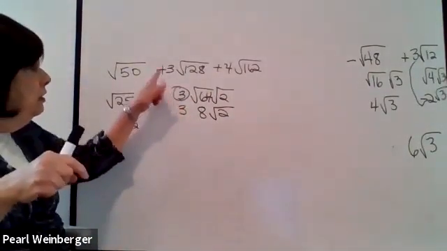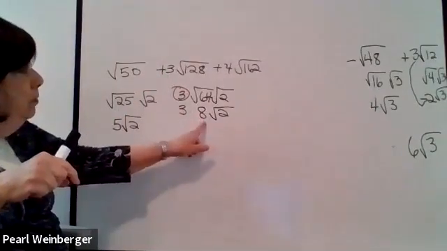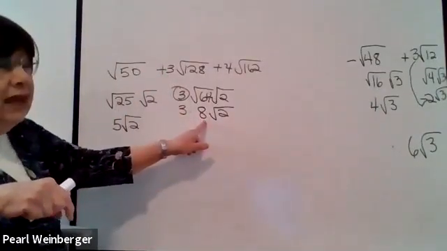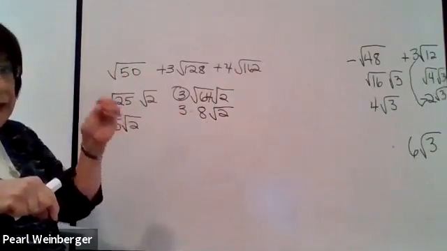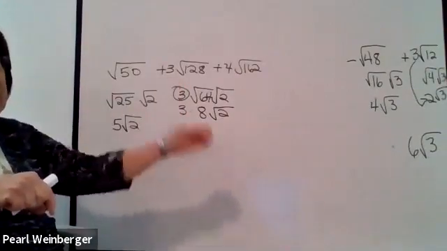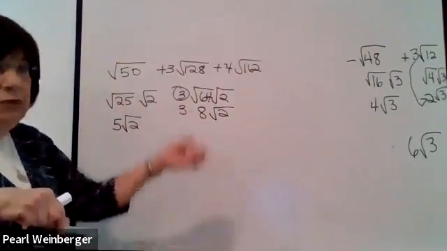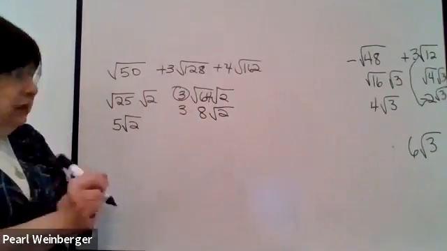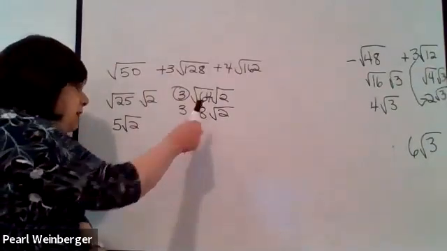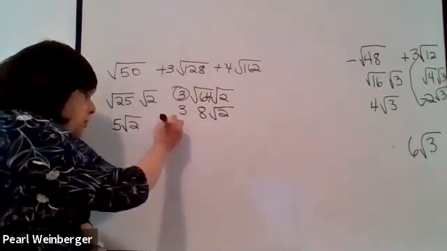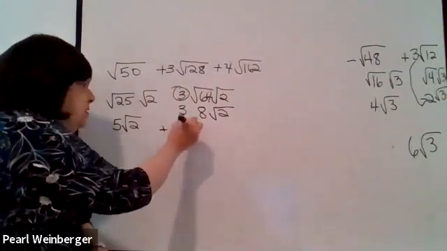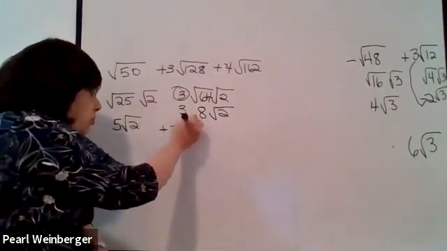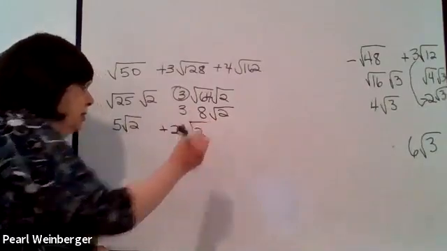Since the 3 is outside, I can only multiply it with a number that's outside. That's the basic rule. Outside numbers can be multiplied by outside numbers, inside numbers by inside numbers. So 3 times 8 is going to give me 24, so the next term is 24 radical 2.